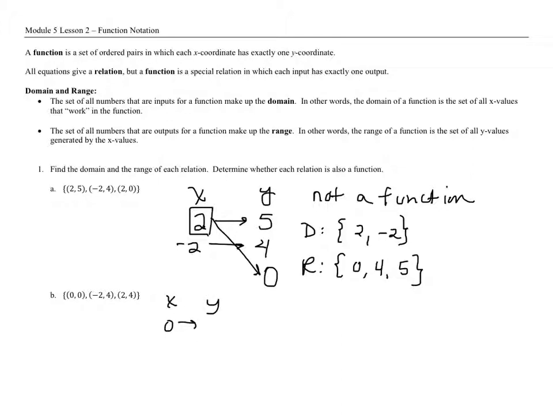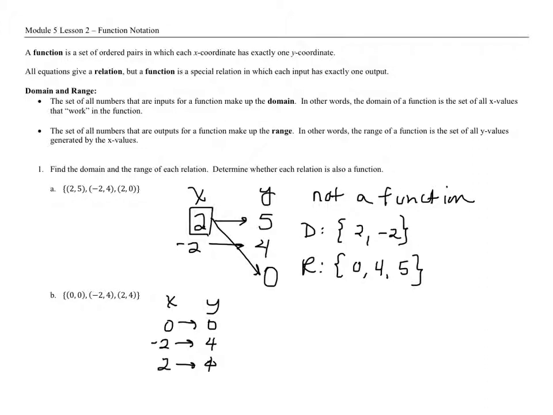0 maps to 0, we're okay there. Negative 2 maps to 4, we're okay there. And 2 maps to 4. I'm okay with that because each x value maps to exactly one y value. In other words, the x values in a function can't repeat to get two different y values.